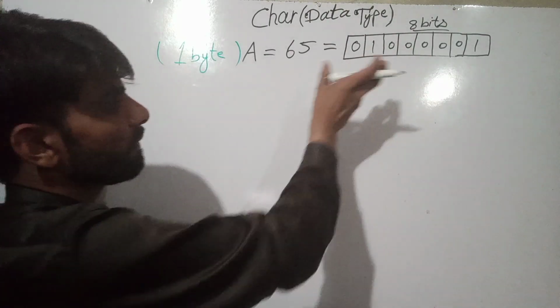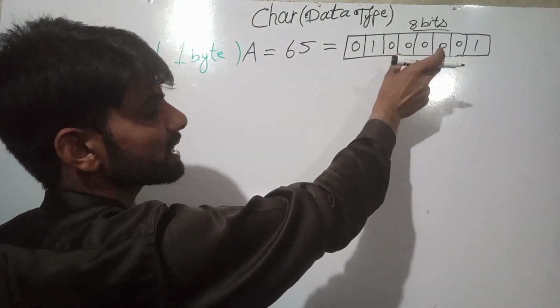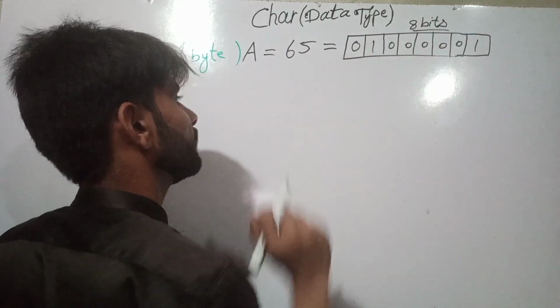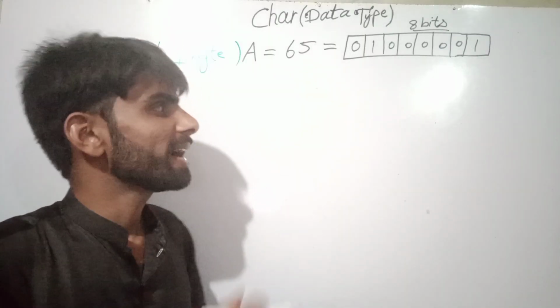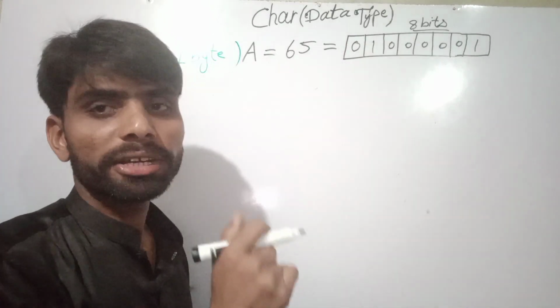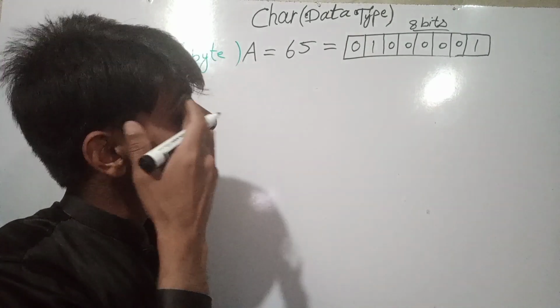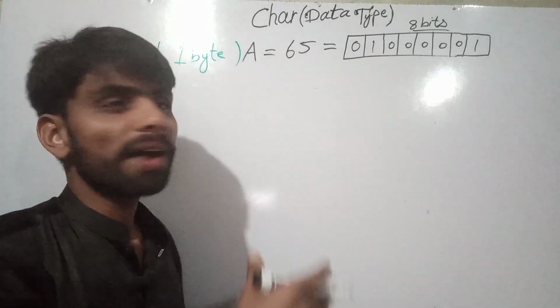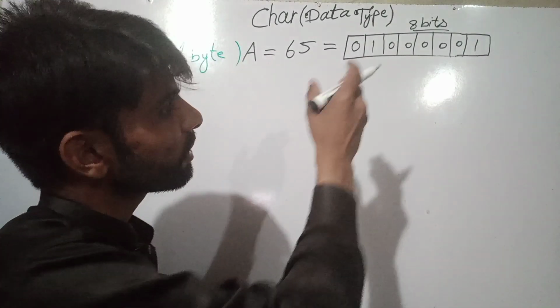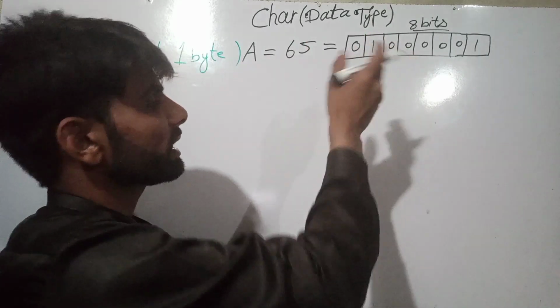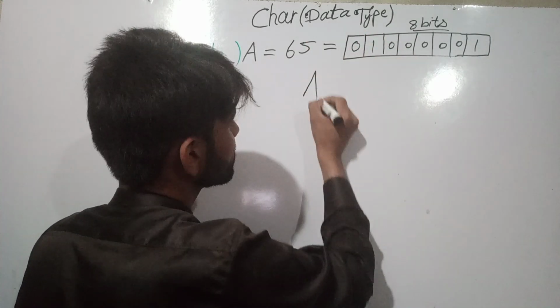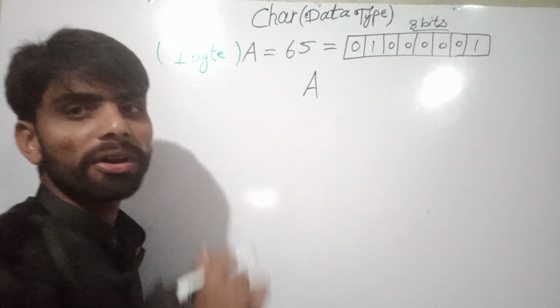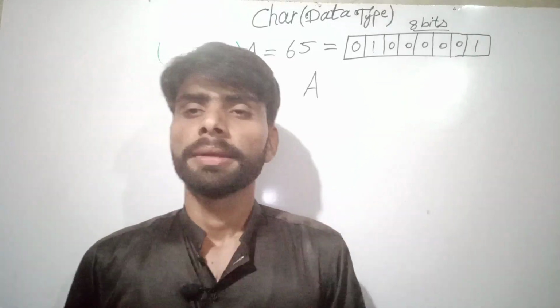In the 8 bits, one character is stored in memory. This is one character in the form of binary, right? A human does not understand it. It's computer language, right? We do not directly understand that language, and the computer does not directly understand our language. So the compiler converts it into our language, that is A, and this A is printed on the screen, right?